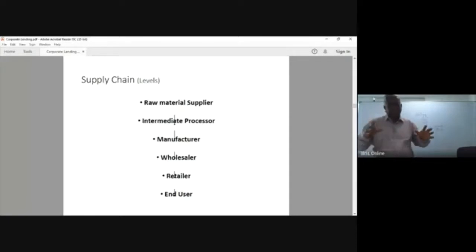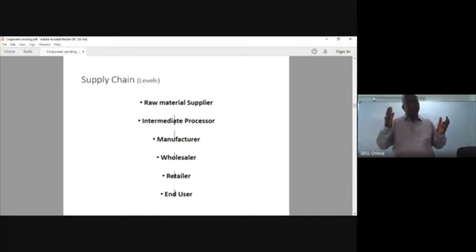For example, take the wooden furniture manufacturing industry and see its supply chain. It starts from the raw material supplier. Who is the raw material supplier?